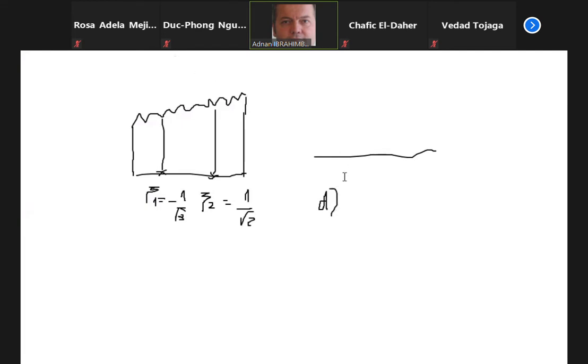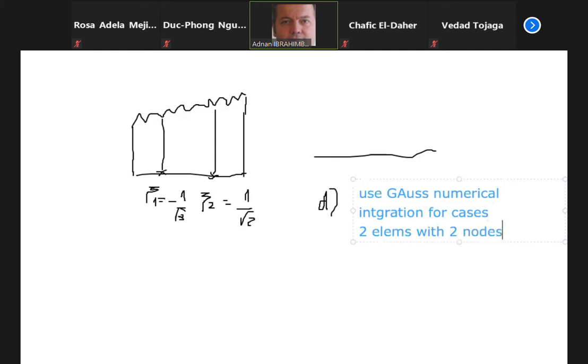Let me put this text: Use Gauss numerical integration for cases: 2 elements with 2 nodes, 1 element with 3 nodes. That's it. Okay. So this would allow you to complete the homework.